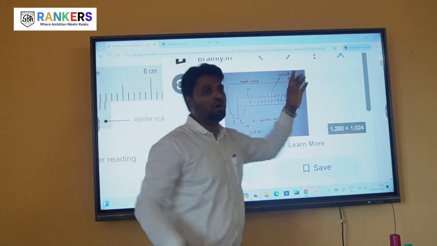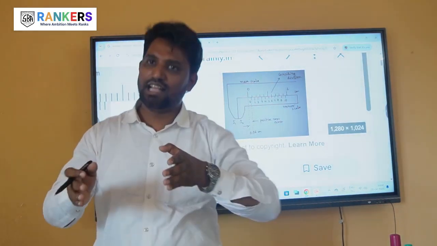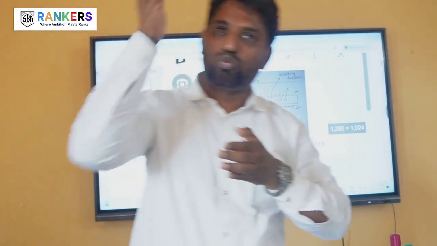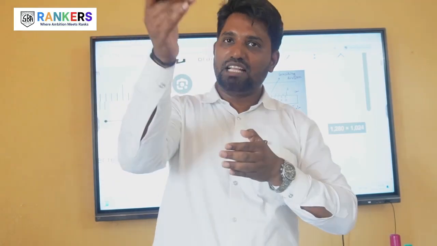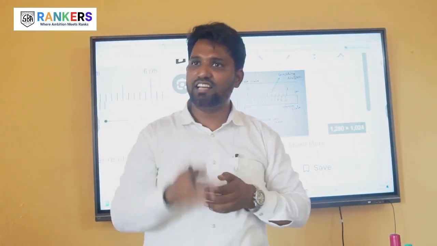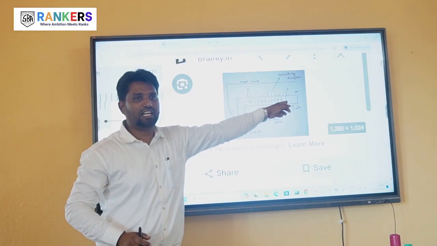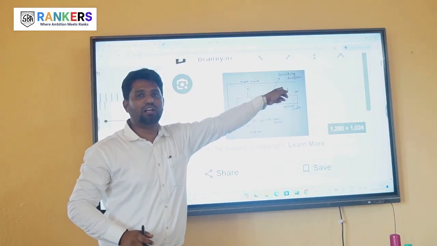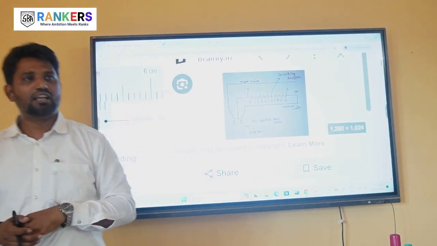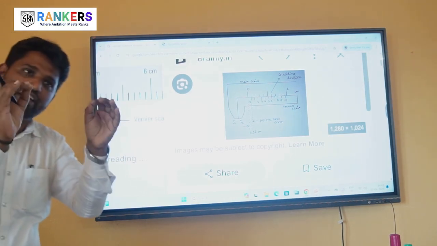Between 0 to 1, how many lines? 10 lines. If it does not match with 1, then it matches with the previous one, that is 9. 10 Vernier scale divisions match with 9 main scale divisions. Do you understand this point?